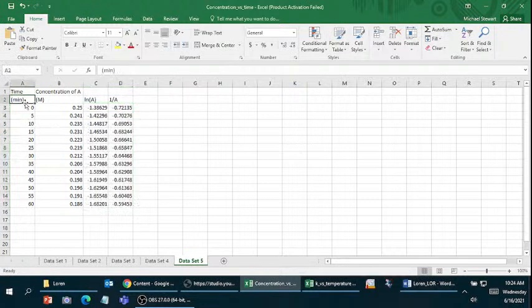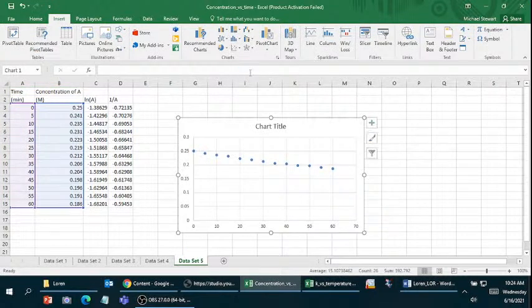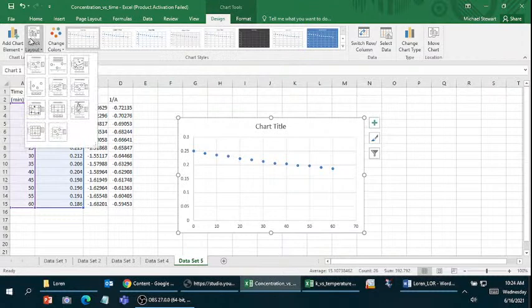So if I plot concentration versus time, you always want to work with a scatter plot. We get this function, and do a quick layout.